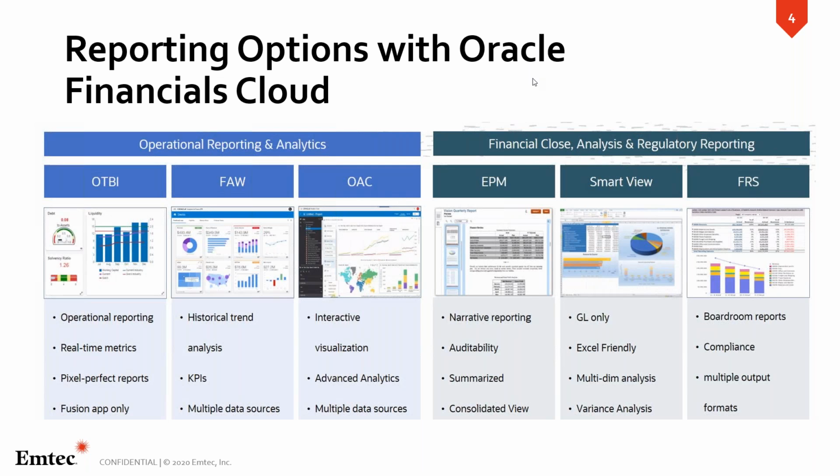I did want to list this out as part of the reporting umbrella, just for completeness of thought, if you will. But our focus will really be on the three products you see here on the left, the operational reporting and strategic analytics piece of the Oracle solution stack, which covers OTBI, Fusion Analytics, and OAC.